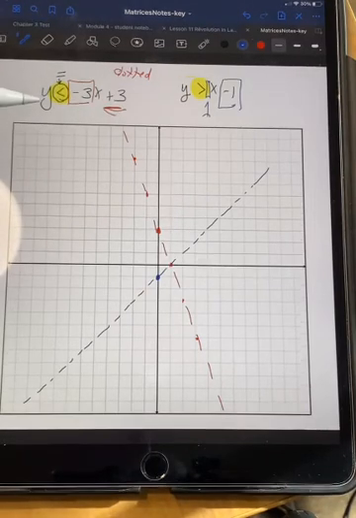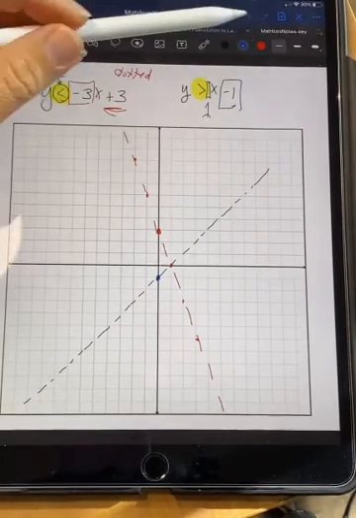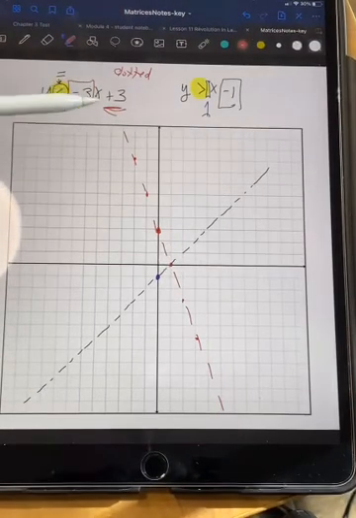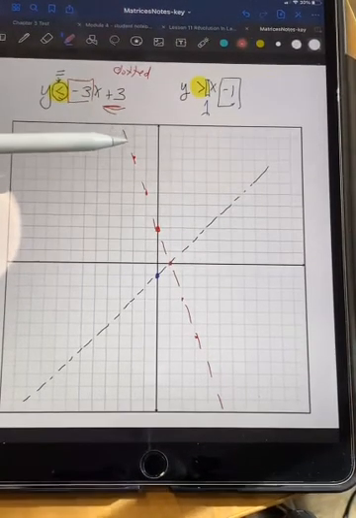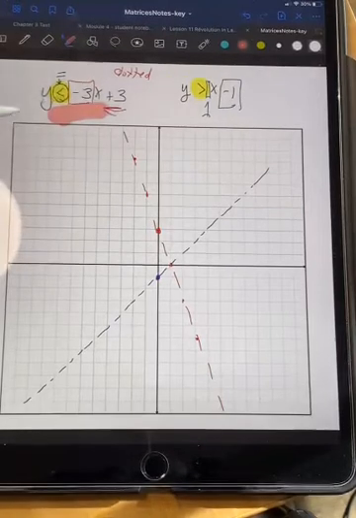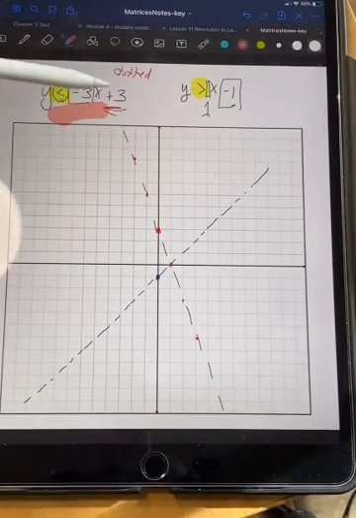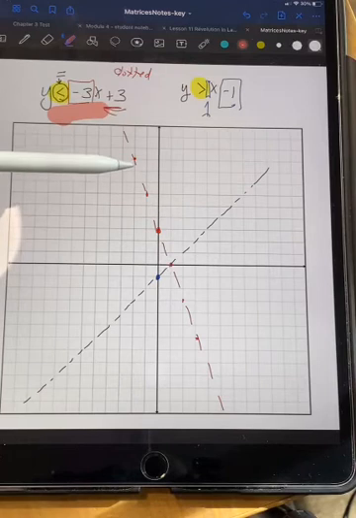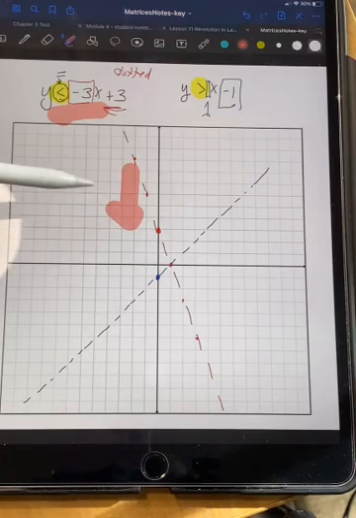In this case, for our red line here, which is this first one that I used, it said that y is less than the line. So if I pick a point on the line and look at the y that is less than, that means I've got to go down.